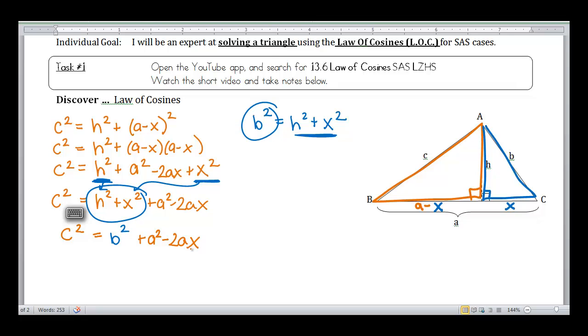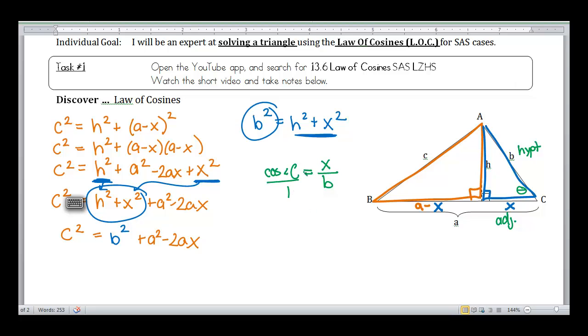Next, we still have this X in there, and we want to get rid of that. So let's go back to, again, our right triangle and see if we could solve for side X. So if I look at the right triangle, if I make angle C theta, B would be the hypotenuse and X would be the adjacent side. And so that means the cosine of angle C would equal the adjacent side over the hypotenuse.